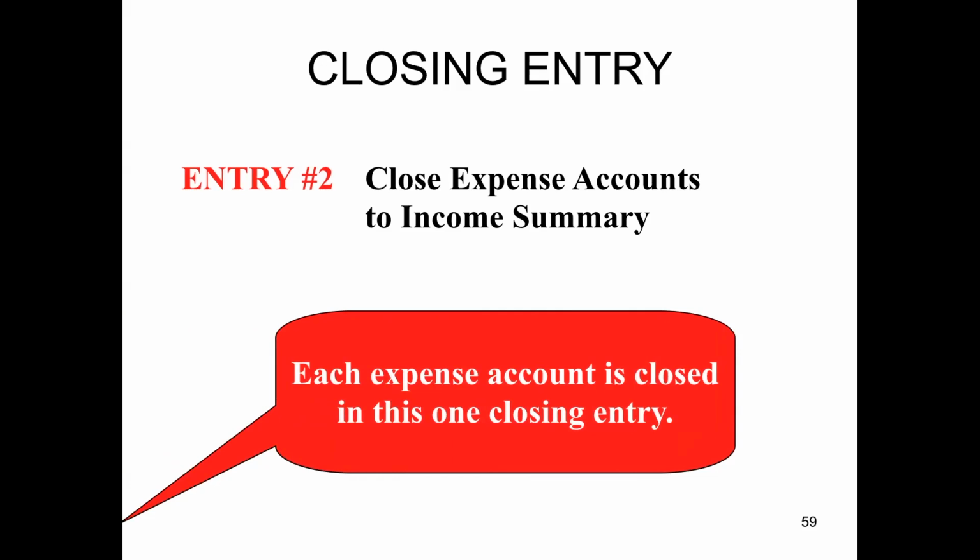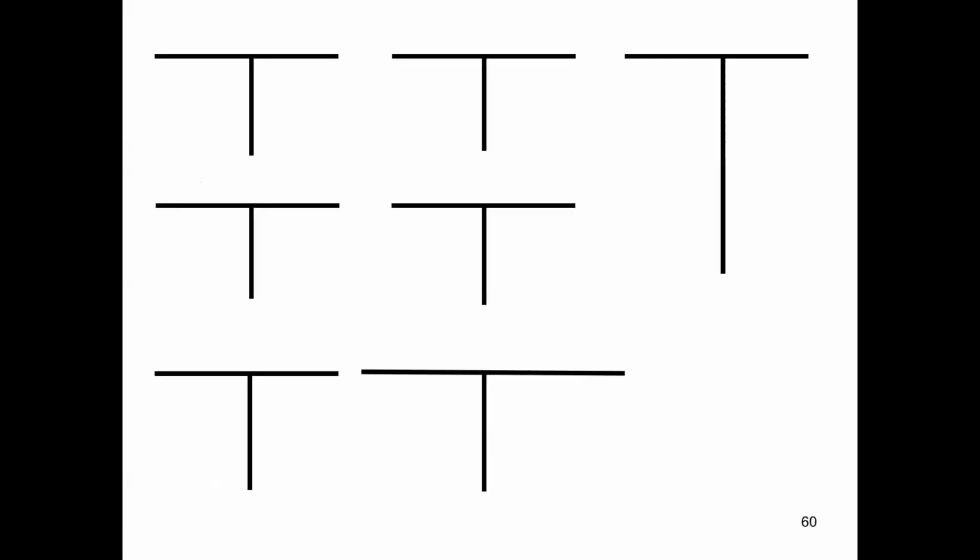Each expense account is closed in this one closing entry. Let's say we have 1, 2, 3, 4, 6 expense accounts. So let's say wages expense has a balance of 700. To close wages expense, we have to credit 700 to reflect a 0 balance.